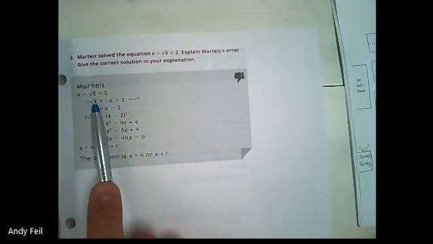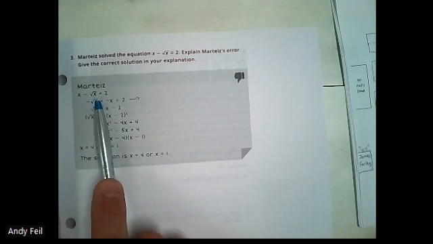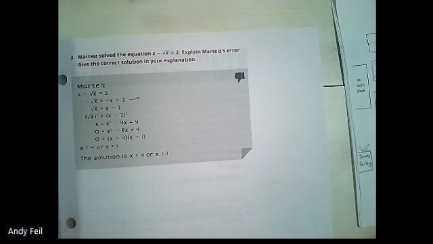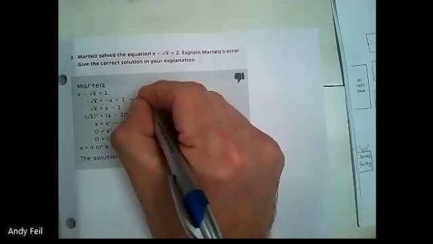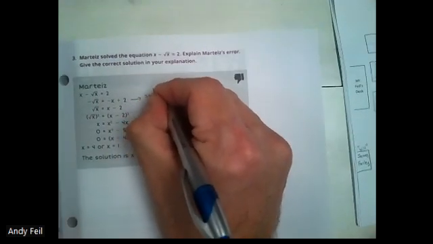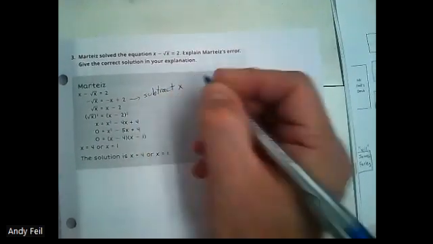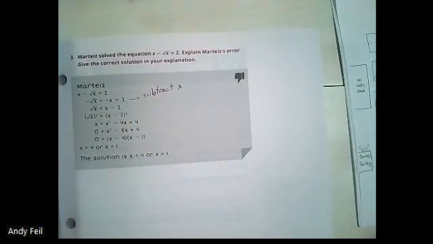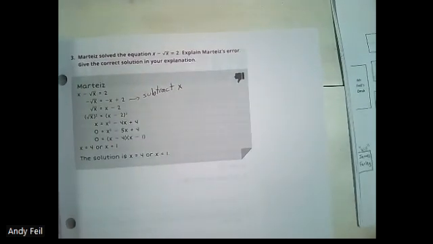What's different about this step than that step? What did Martiz do to get from there to there? Subtract x. Good. Write that down. We're going to subtract x. Did Martiz do a good job of subtracting x from both sides? You would, but you're going to see where Martiz is going with this in a minute.